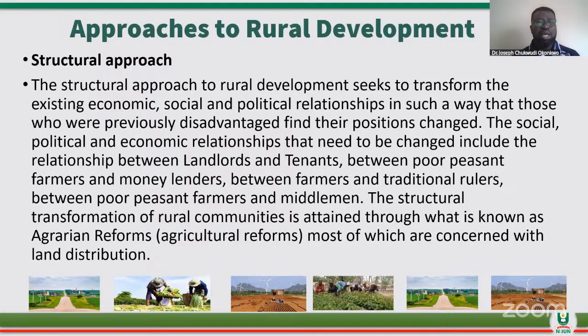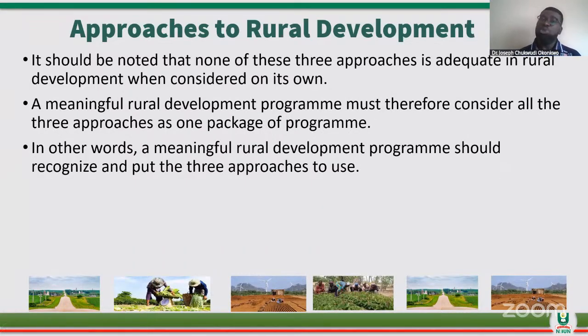Okay, now, it should be noted that none of these 3 approaches is adequate in rural development when considered on its own. So individually, let's say structural reform can do the trick for us in rural development? No. Technological reform?